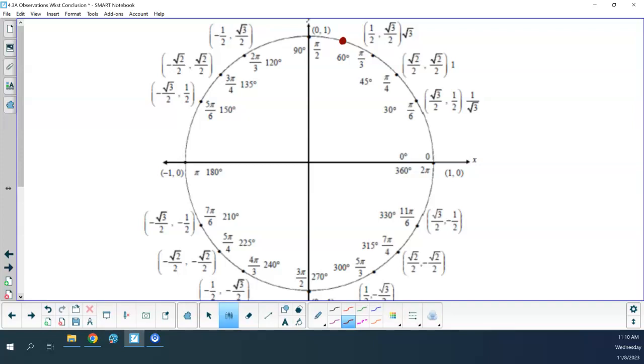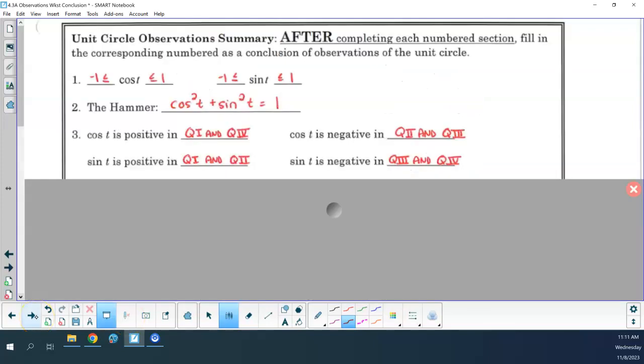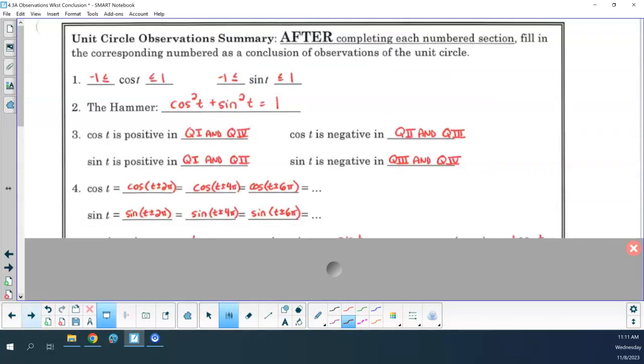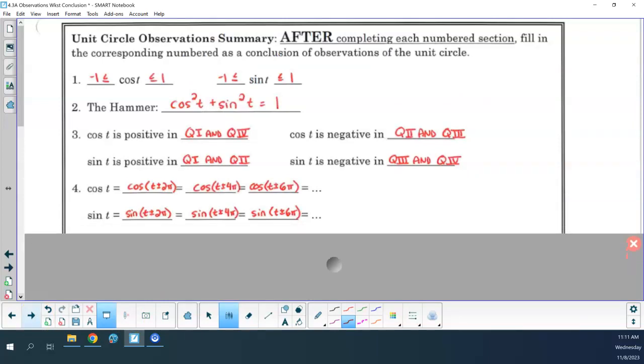As long as I'm adding and subtracting an even multiple of pi, I should be at the exact same spot, which means the sine values are the same and the cosine values are the same.